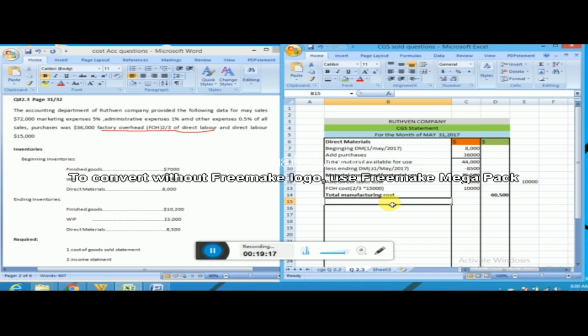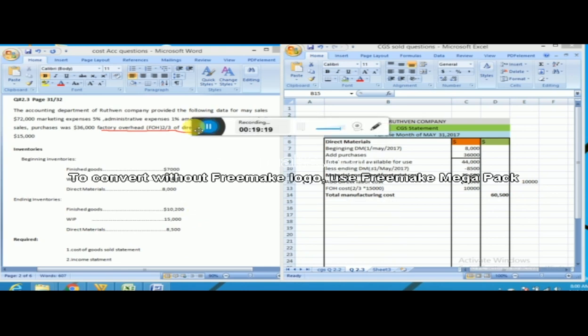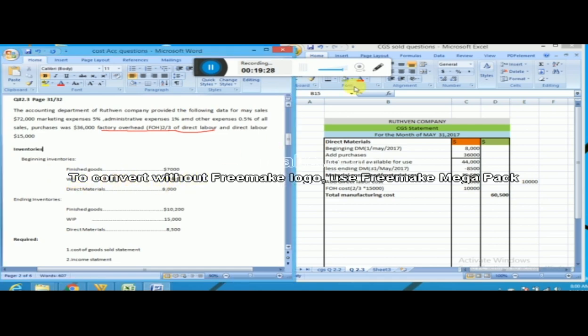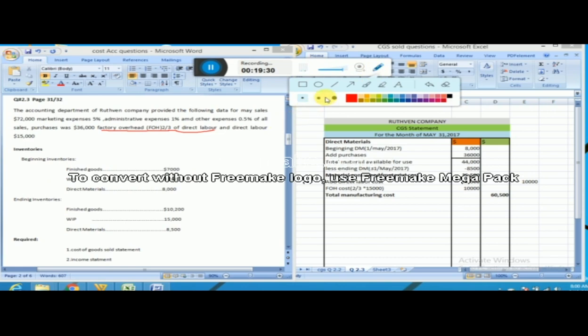But if we look, we also have the work in process remaining from the previous month. This is our previous month remaining work in process. If you look here, the 8,000 work in process remaining in machinery from the previous month.